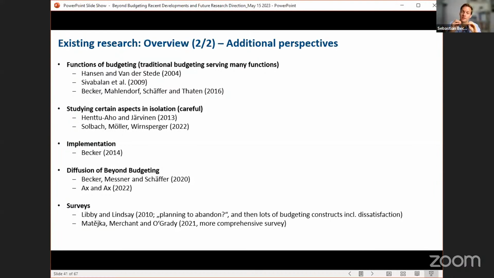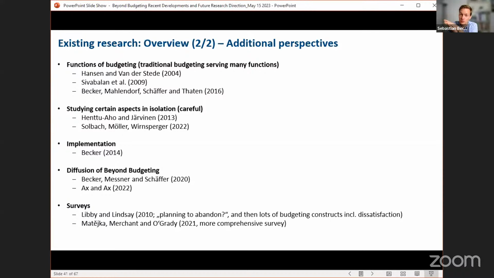Or what is the dynamics of the supply side and the demand side of innovations, as in the AX and AX paper? Then there's also surveys on Beyond Budgeting. There's 2 big surveys, the Libby-Lindsay survey in 2010. So they actually was very comprehensive about a lot of things about budgeting, including dissatisfaction.